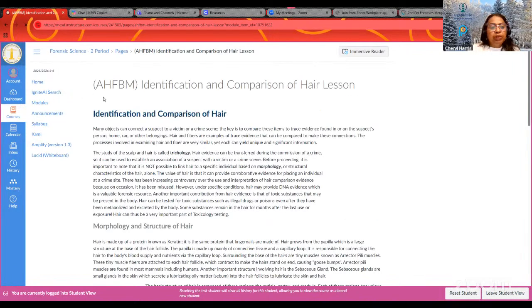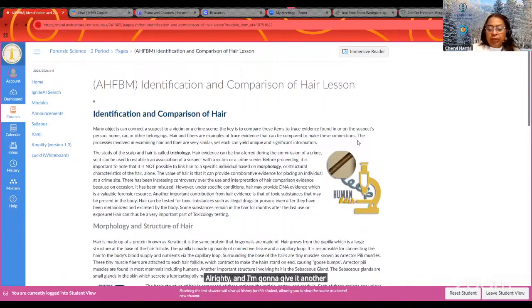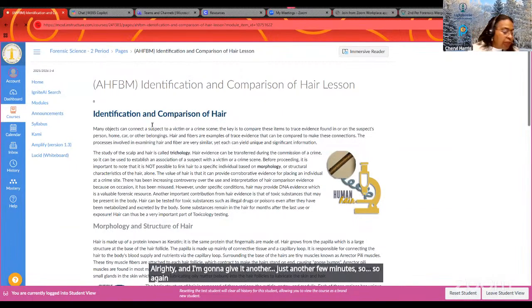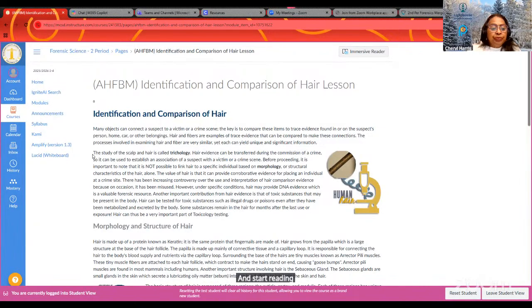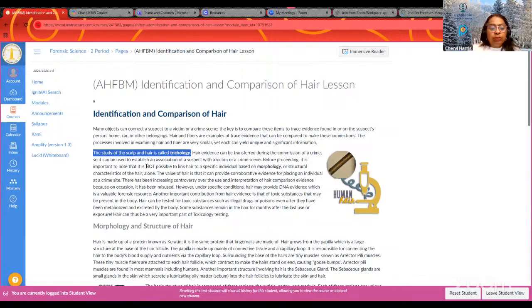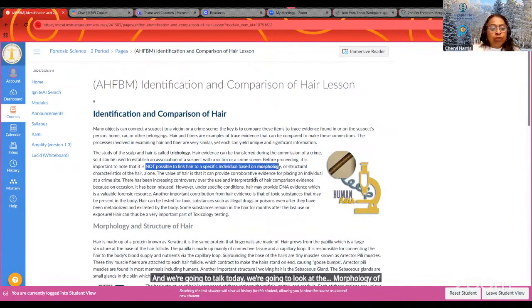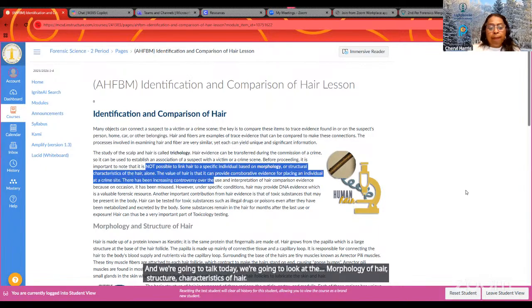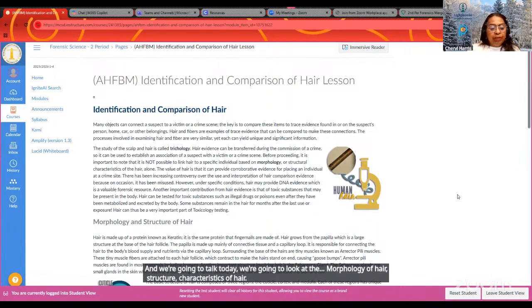Alrighty. I'm going to give it just another few minutes. So again, go to the next page and start reading this. So here again, the study of the scalp and hair is trichology. So we've got a lot of vocabulary. We're going to look at the morphology of hair, structure, characteristics of hair, and what you need to know about hair.